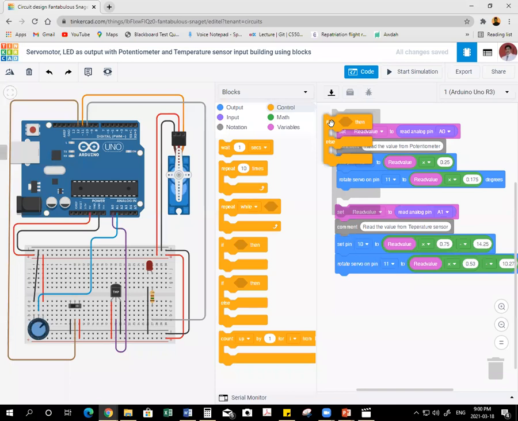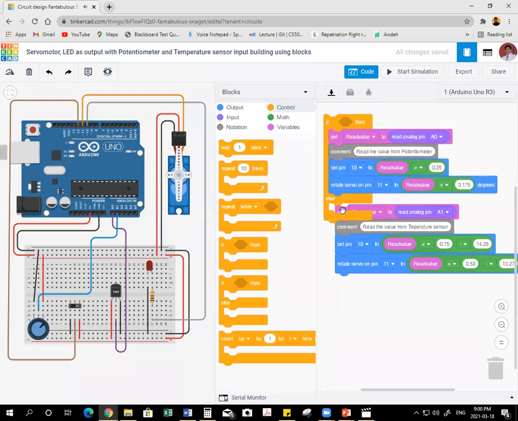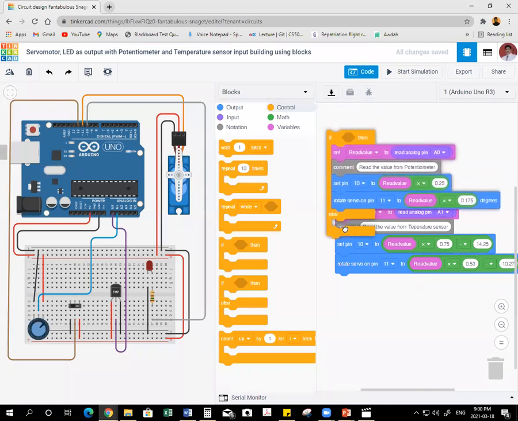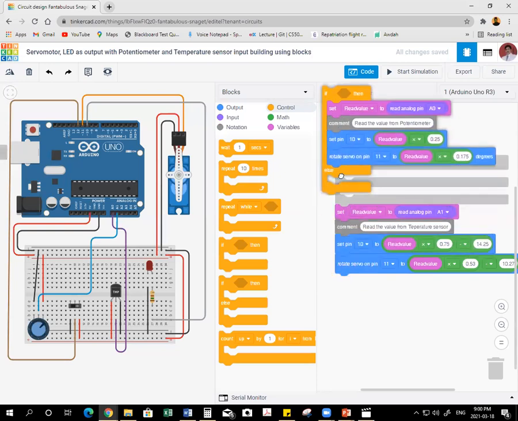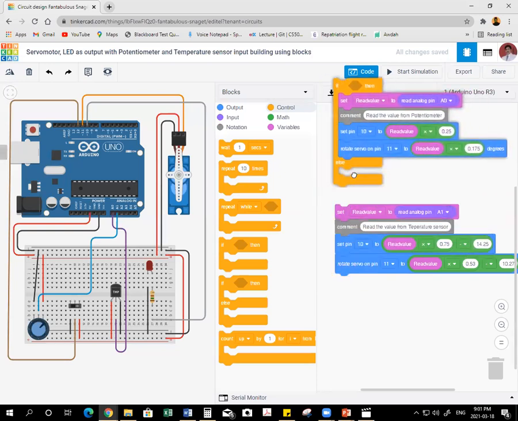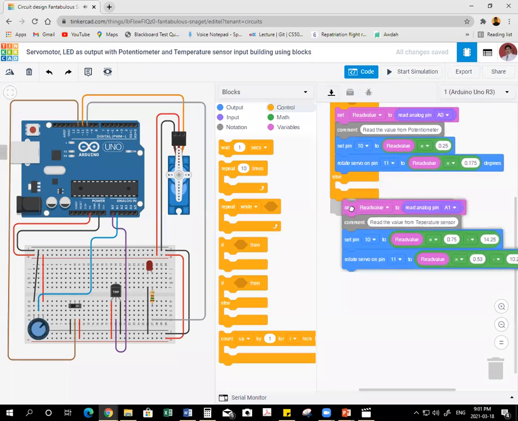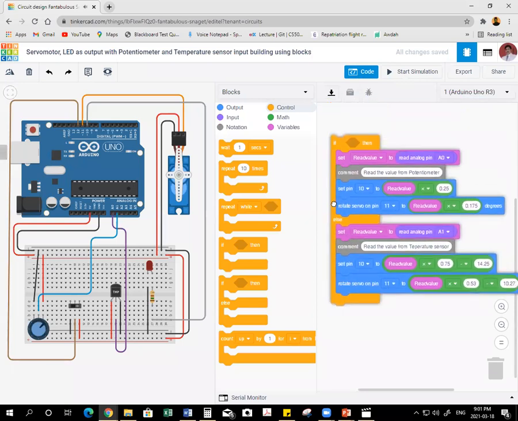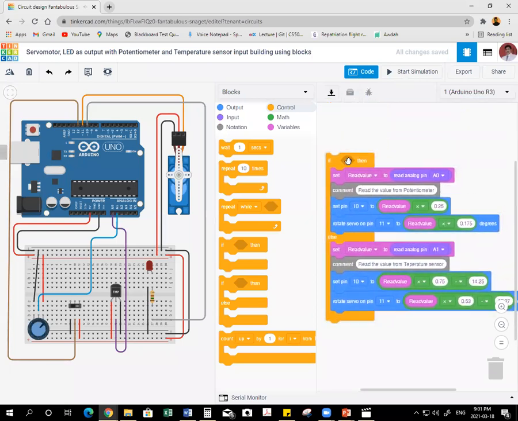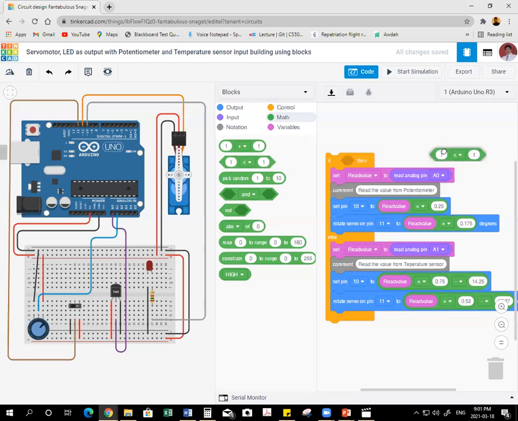Put it here for everything. Okay, I got if conditions. Now we need if conditions here. So we need an if math here. I will keep it here.